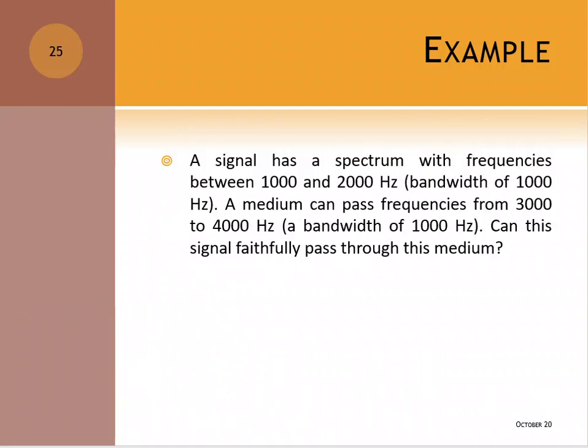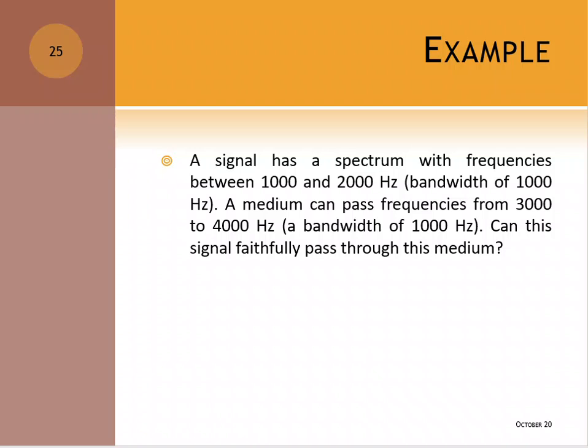Next example. We consider this question. A signal has a spectrum with frequencies between 1000 and 2000. If we calculate 2000 minus 1000, the bandwidth is 1000 Hz.